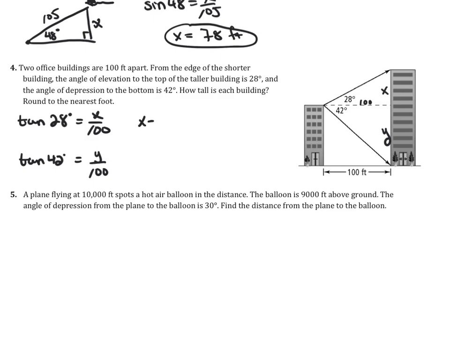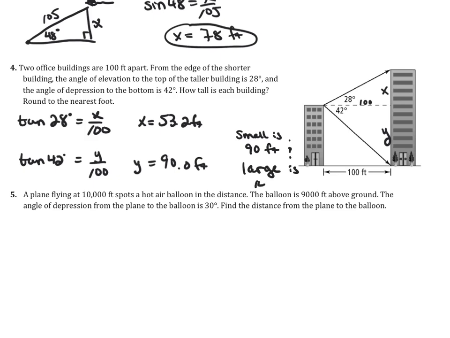That means that x is 53.2 feet and y equals 90.0 feet. We're going to round to the nearest foot. So our small building is 90 feet and the large is 53 plus 90, also known as 143 feet.